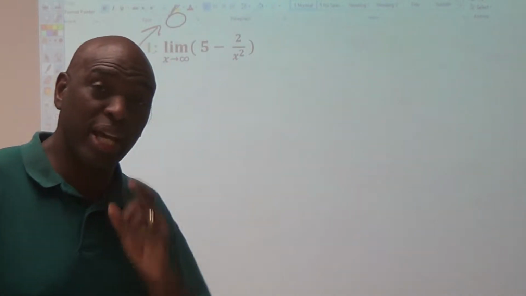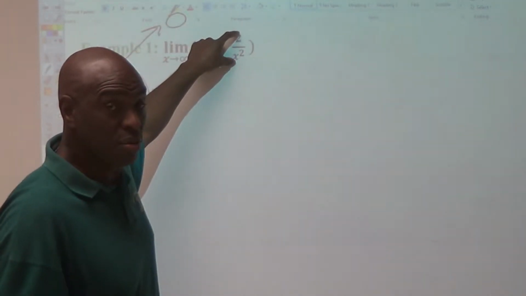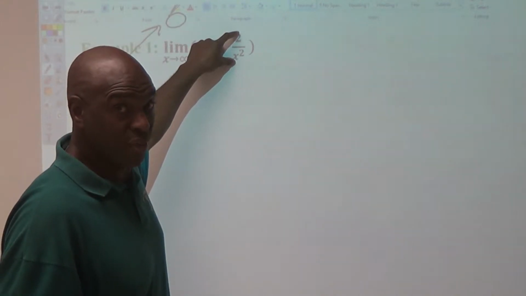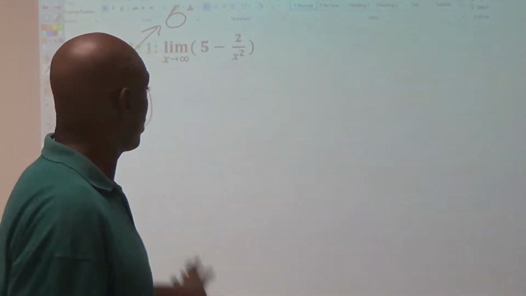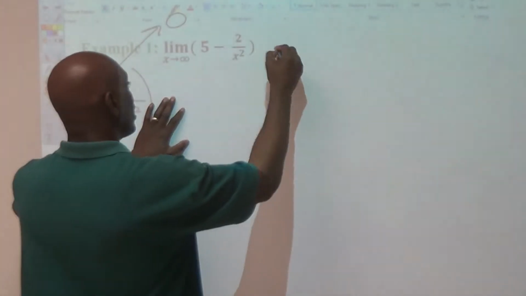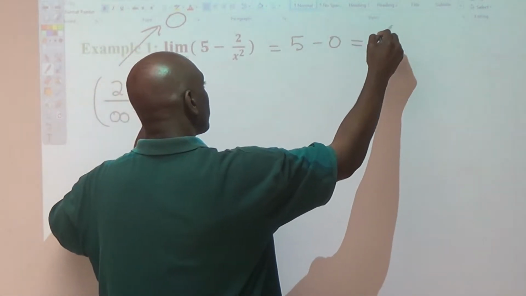So the larger x becomes, the smaller this value is. And it gets small very fast because x is being squared. So this approaches 0. So this is going to equal 5 minus 0, which is 5.